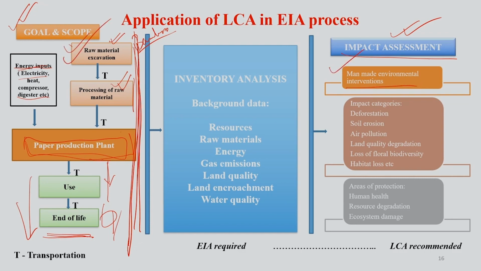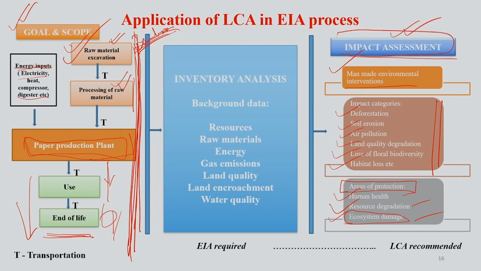The impact of this product development process can be divided into various categories: deforestation of, say, bamboo, soil erosion because of removing bamboo from the system, air pollution from the industry, from the plant, land quality degradation, loss of floral diversity, habitat loss. These are different kinds of potential impact. And what are the areas that you try to protect? Human health, resource degradation, ecosystem damage. Each one of these we have discussed at one point or another in the previous lectures. You understand how this kind of impact takes place.